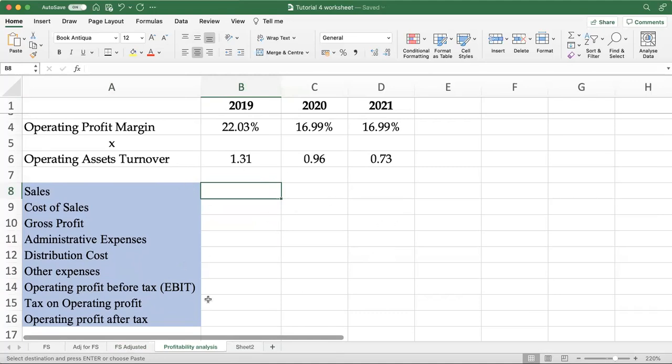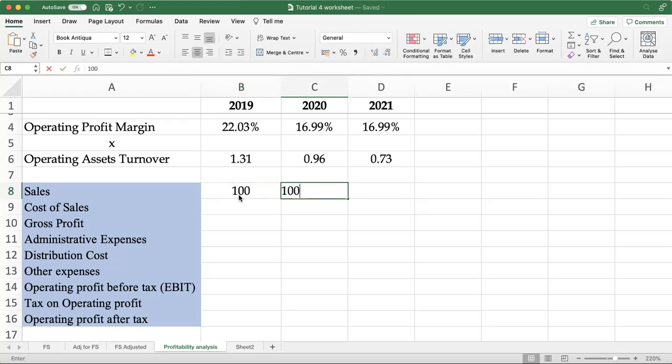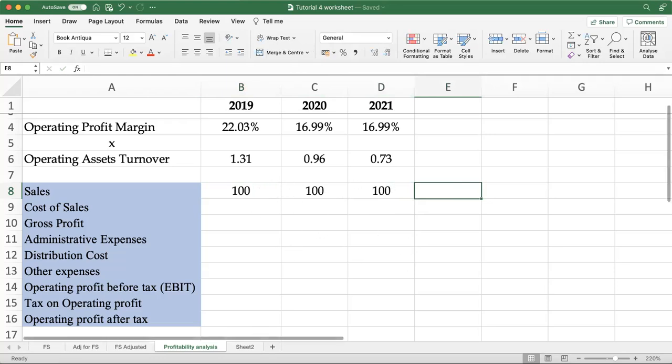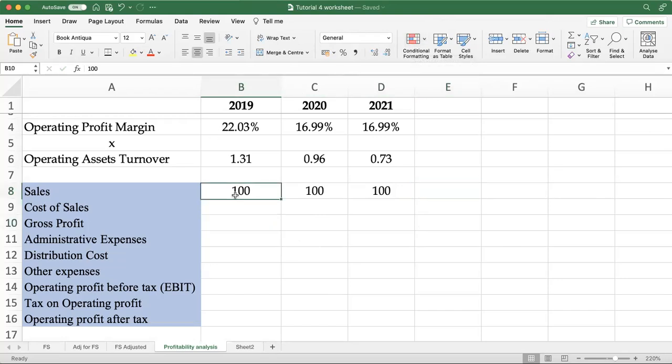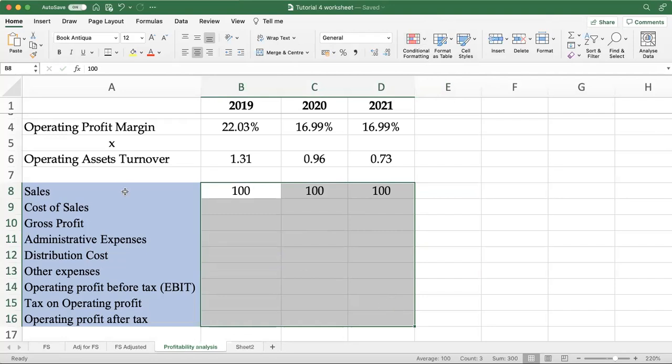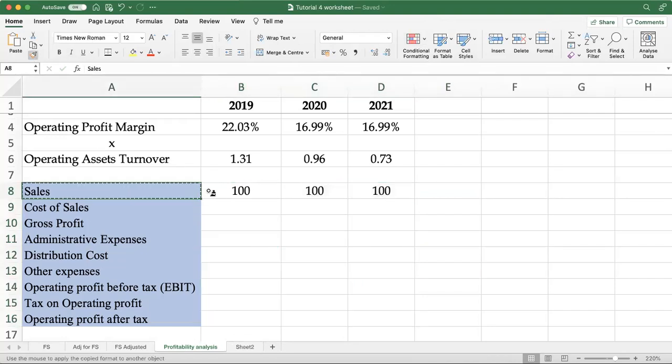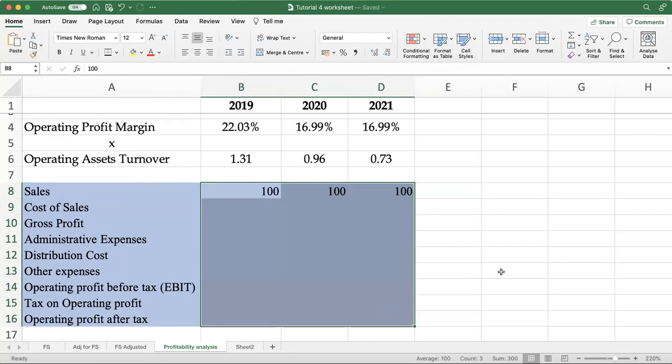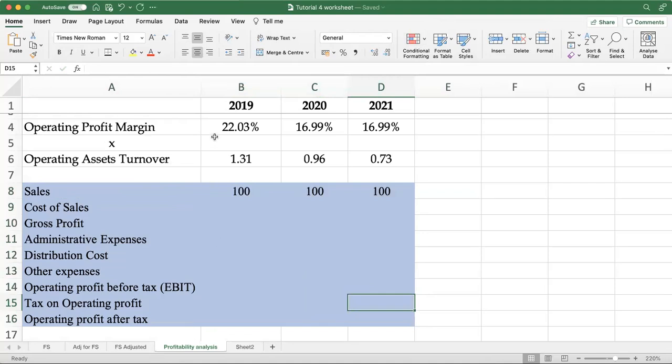So sales are 100. In your common size analysis, sales is equal to 100. Then proportionately you calculate the rest of the values. So quickly do a common size analysis.